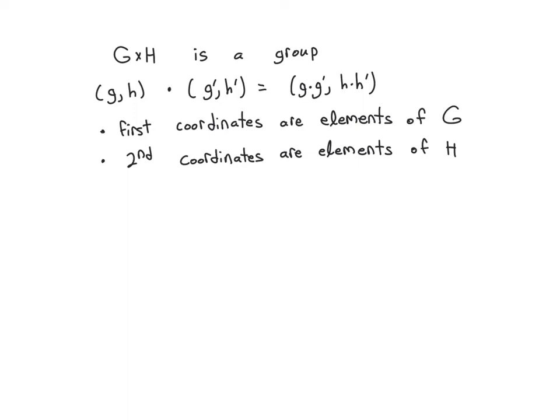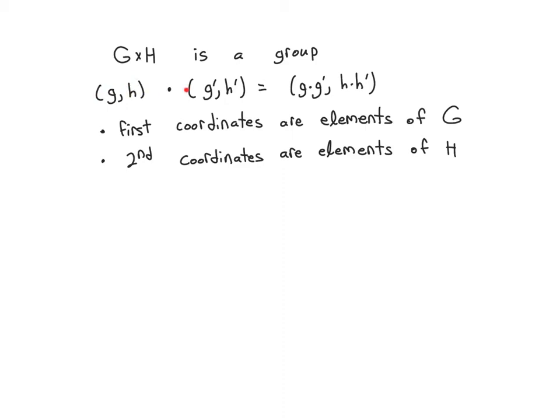Alright, now we're going to show that the direct product of two groups, G and H, is also a group. So the product of two elements is given as follows. Remember, an element in a Cartesian product is an ordered pair, where the first coordinate is from the left set and the right coordinate is from the right set.